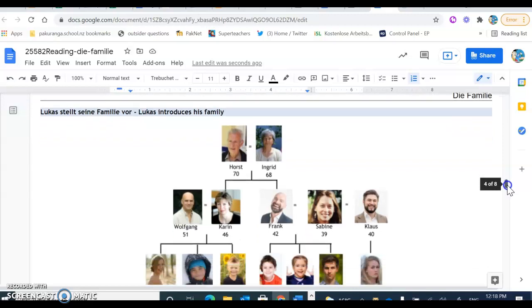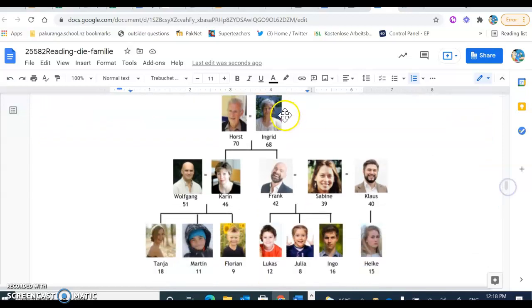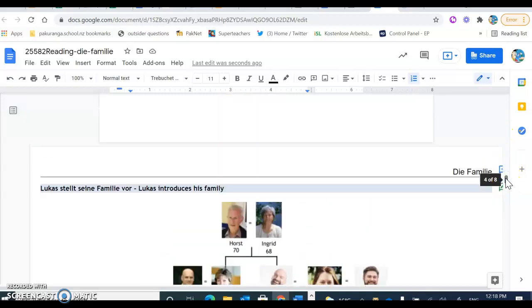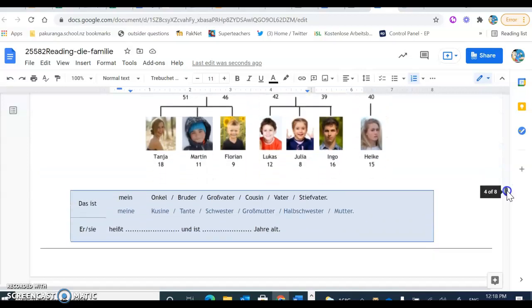All right, so now you've got these people here, you've got names and you've got ages. So it says Lucas introduces his family. All right. And here, das ist mein. So all of these, if you're saying masculine words, it's mein. If it's a female, it's meine.